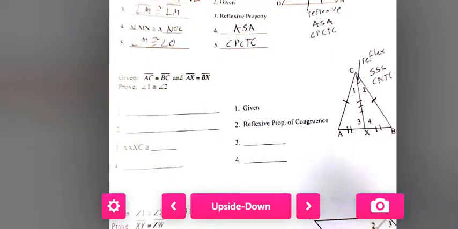You guys, there are two givens, but there's not space for two of them. Just write them on the same line.